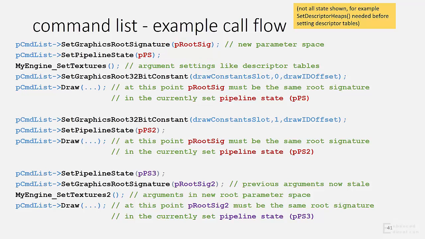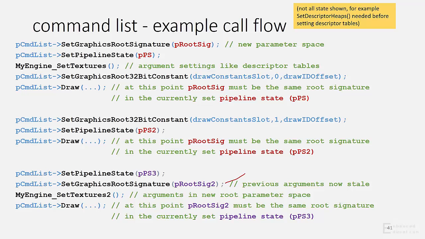Okay, now we do something interesting. We set a new pipeline state, and then we set a root signature. This is different from the order we did it before, and that's totally fine. We then go and set some textures, and these are defining parameters in the new parameter space, a new argument space defined by this new root signature.